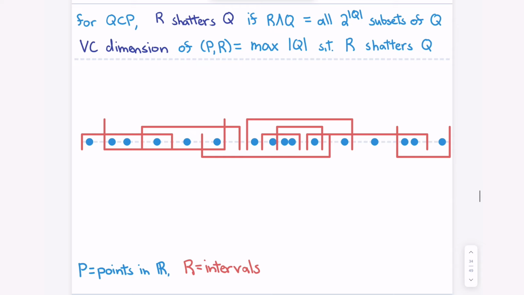Okay, so something like points and intervals. Does anyone want to take a stab at the VC dimension? If there were 2 points, can you shatter them? And if it was 3 points, can you shatter them? I think I have 3 drawn up.